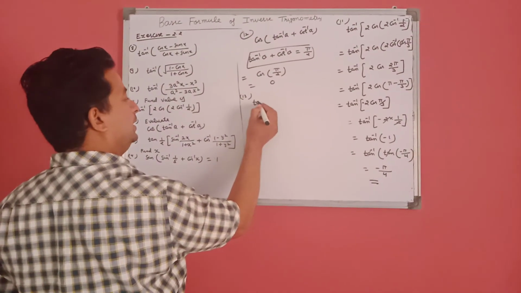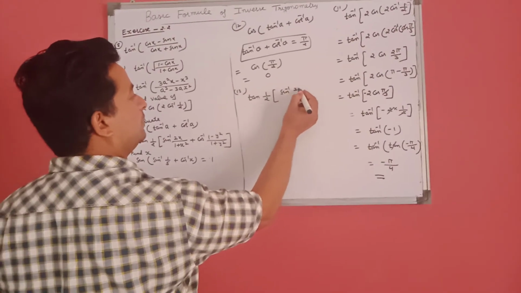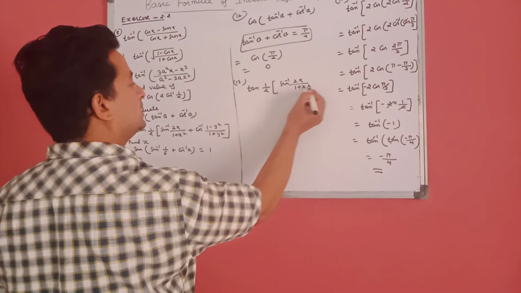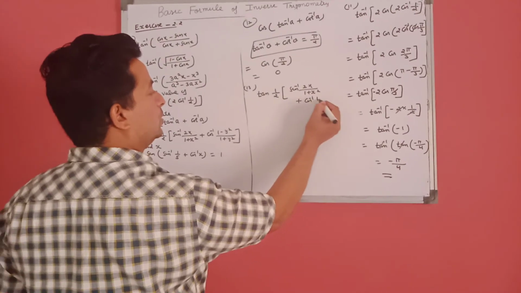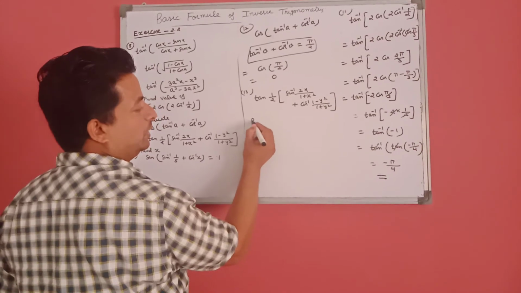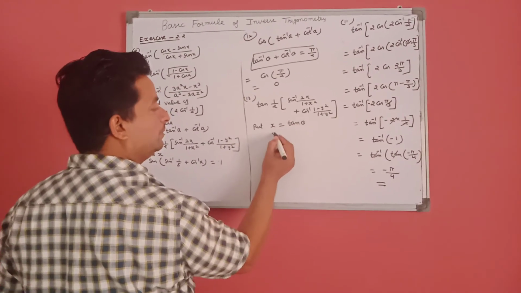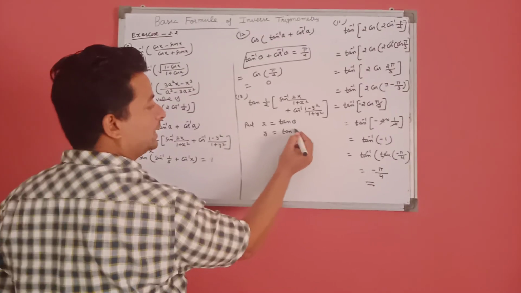Question number 13. tan of 1 upon 2 sin inverse 2x over 1 plus x square plus cos inverse 1 minus y square over 1 plus y square. To simplify this, put x equal to tan theta and y equal to tan phi.